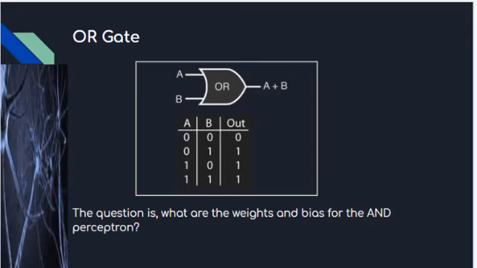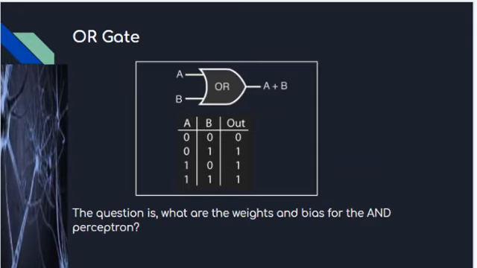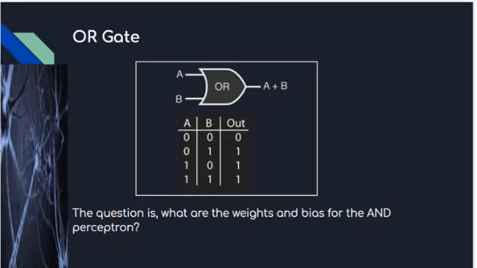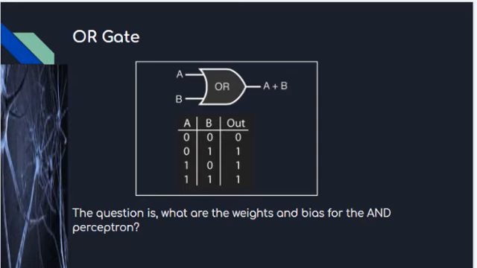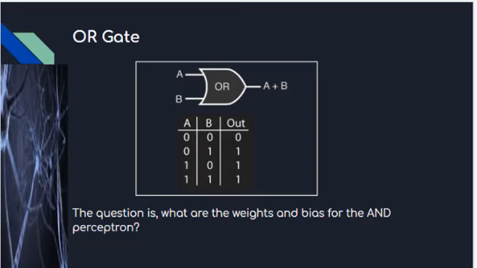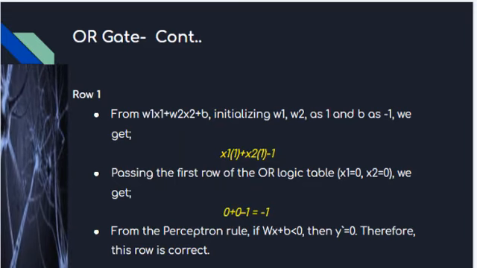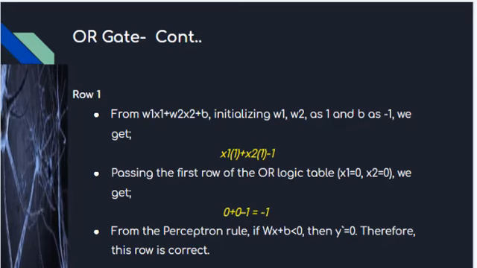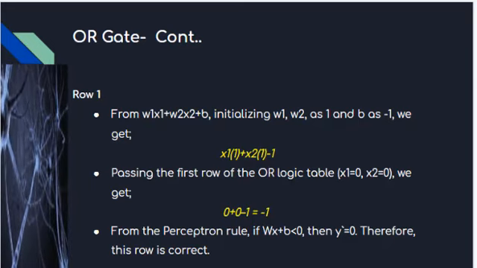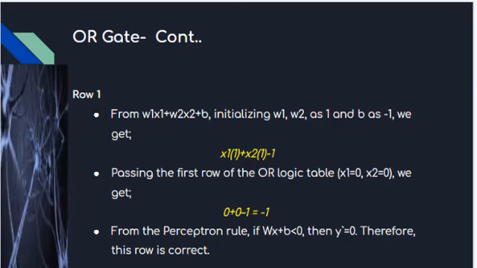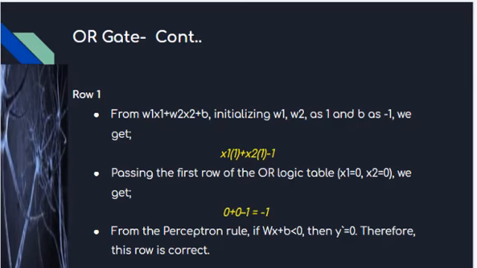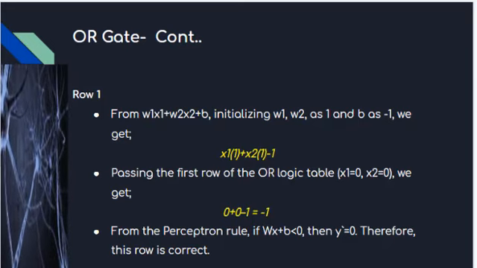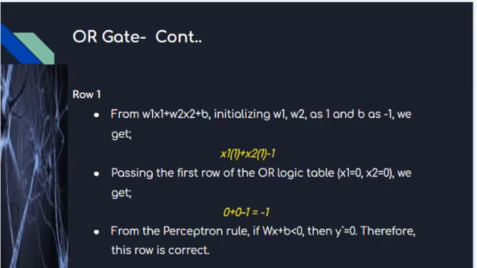Second one, OR gate. This is the truth table for the OR gate. The question is again, what are the weights and bias for the OR gate perceptron? Take row 1 from this: w1x1 plus w2x2 plus b. This is the important equation. Initializing w1, w2 as 1 and b as minus 1, we get x1 of 1 plus x2 of 1 minus 1.